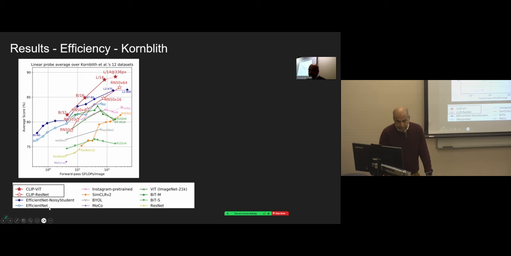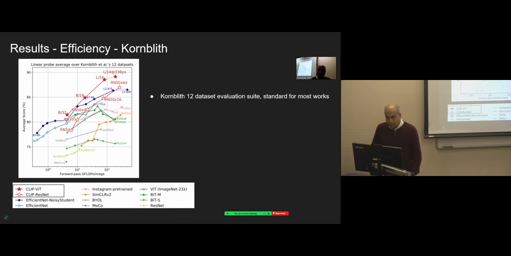But they are comparing with EfficientNet and other SimCLR self-supervised learning methods and so on. And these show how fast you can do it. So on this data set, the transformer-based method works pretty well. CLIP ResNet underperforms, and CLIP ViT outperforms.